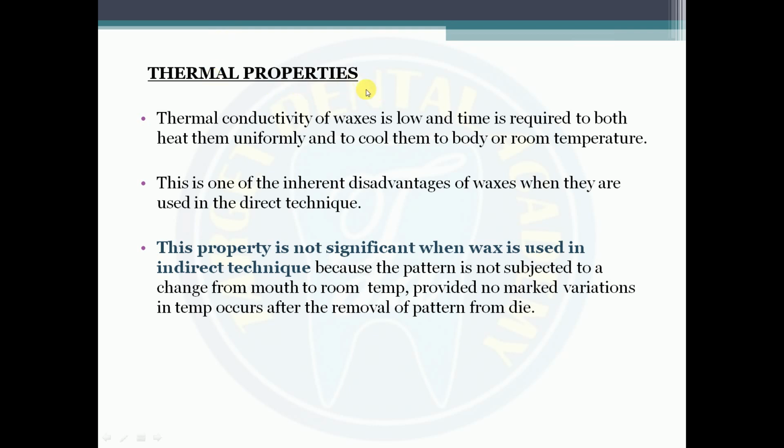Coming on to the thermal properties. Thermal conductivity of the waxes is low and time is required to both heat them uniformly and to cool them to body and the room temperature. This is one of the inherent disadvantages of the waxes when they are used in the direct technique.